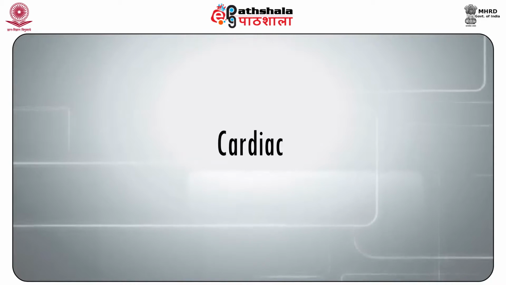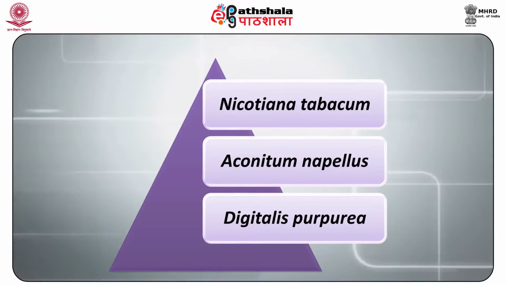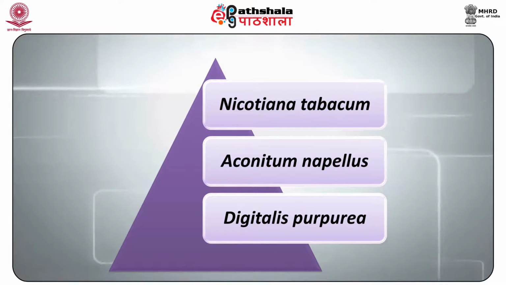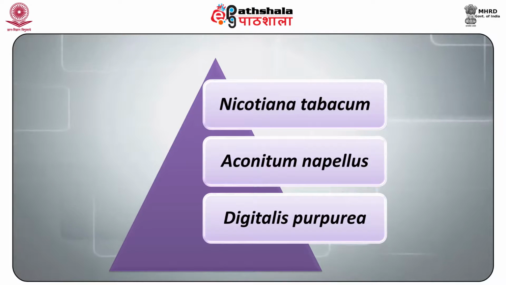Next are the cardiac ones. These affect the functioning of the heart. Examples: Nicotiana tabacum, Aconitum napellus and Digitalis purpurea. Next class is the irritant poisons. These produce symptoms of pain in the abdomen, vomiting and purging.